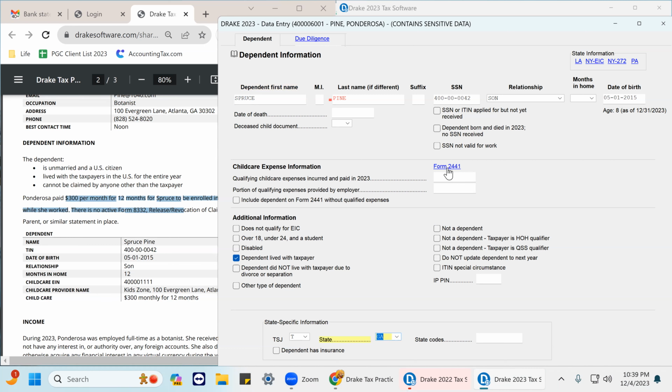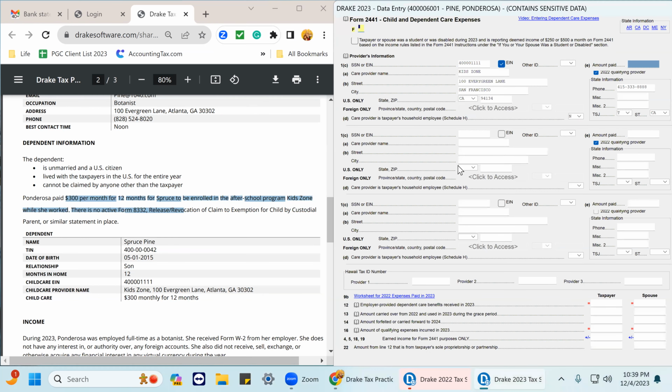Like here, this 2441 is the child care. So the child care provider's EIN, right here. If they have an EIN, check this one. If they don't have an EIN, let's say somebody just takes care of them, with a social, you don't check that.